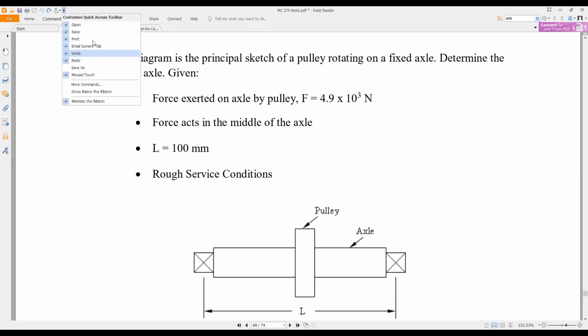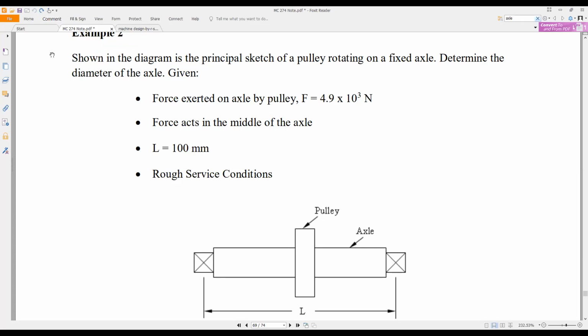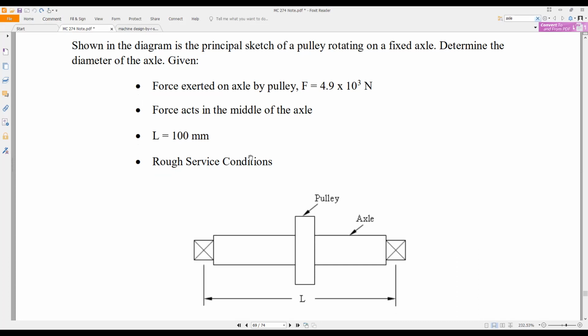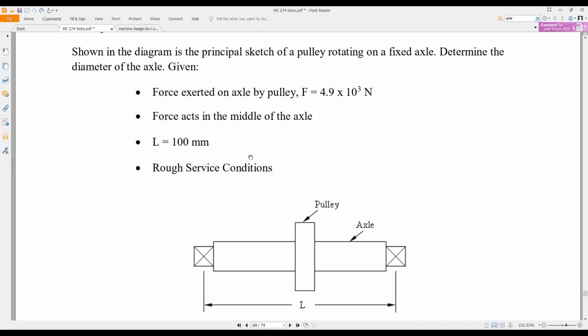So if it is at the center of the axle, first what you need to do is to determine the bending moment in this arrangement. Then if we know the bending moment, we can determine the bending stress. And again, we equate the bending stress to the allowable bending stress given to us. Are we okay? So it's similar to the other one.